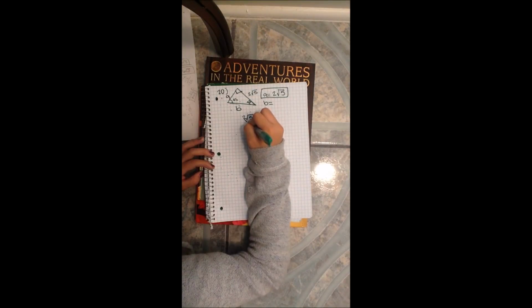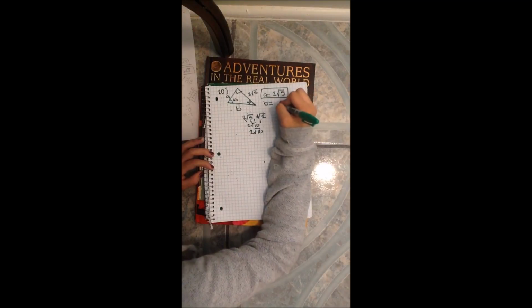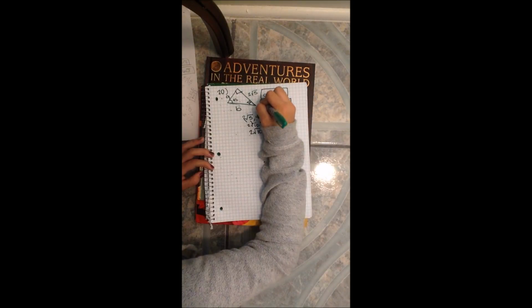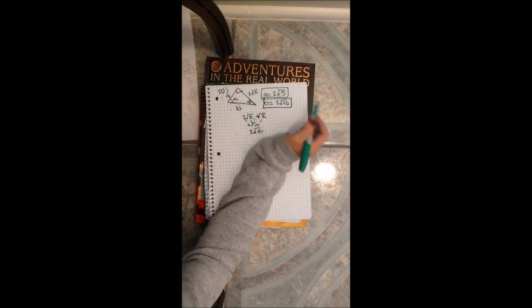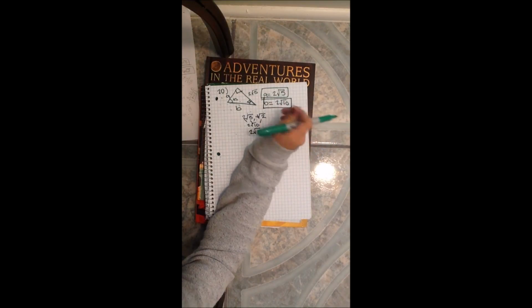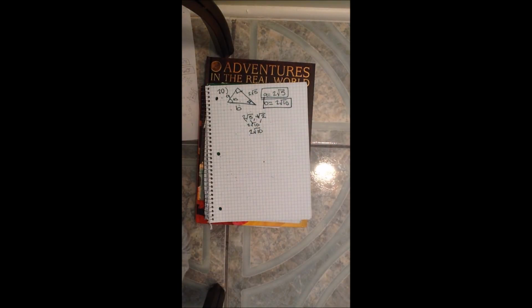So it would be 2 square root of 10. So therefore B has to equal 2 square root of 10. So A is 2 square root of 5 and B is 2 square root of 10.